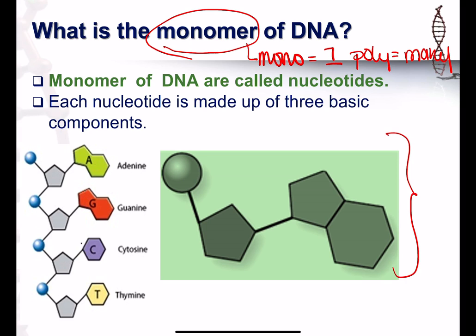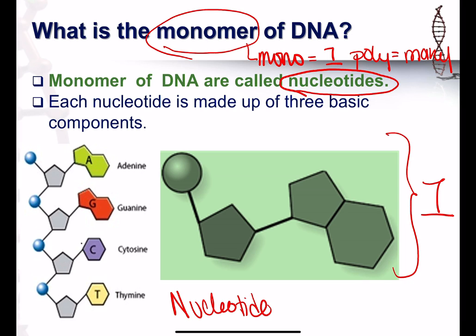So this right here is a single monomer of DNA. So it's only one part of DNA. Okay. And a monomer of DNA is a nucleotide. So you already know this word. So I'm going to put this right here, nucleotide. And if you remember, is a nucleotide made up of two or of three parts? So remember that because it has the T, think of three. So it's made up of three parts.